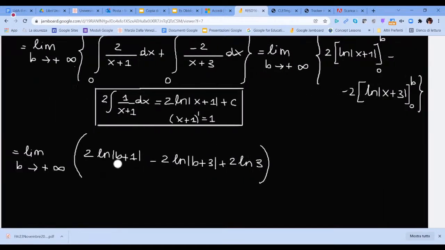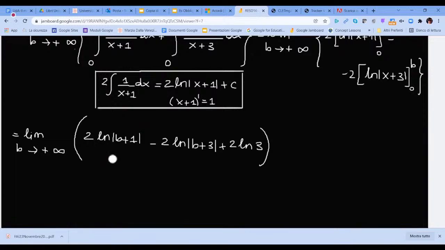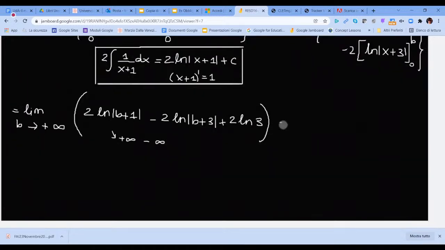As you know, we should compute the limits. If we take a look at these terms in the parentheses, we will notice that plus logarithm of plus infinity is going to plus infinity, but this is a minus 2 times something that is going to plus infinity, so we have a form that we cannot decide where it is going.